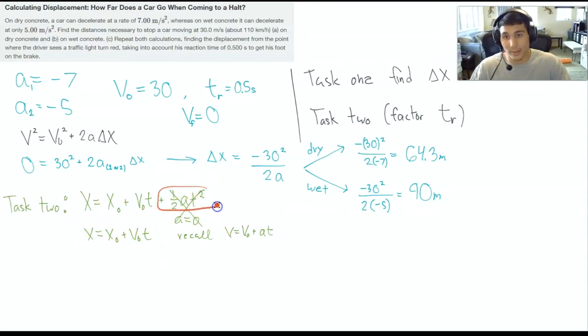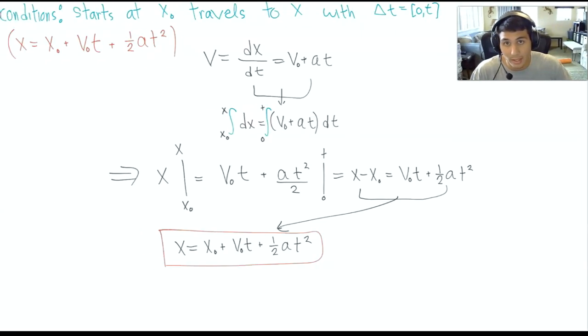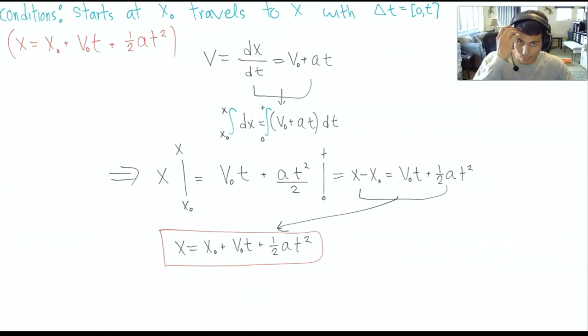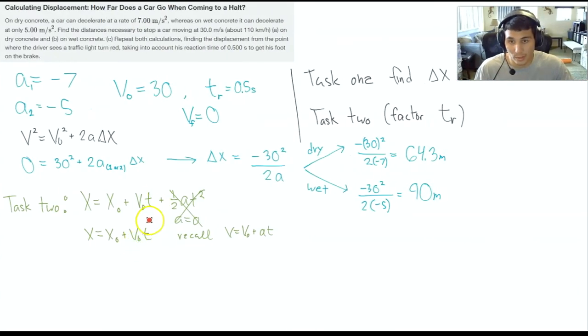If you don't have the acceleration and you just need to find the initial position and that position he travels, you would use this type of equation. And this is not usually included in our general formulas because it's not a true general equation. This is actually a very specific equation, very specific to our situation.